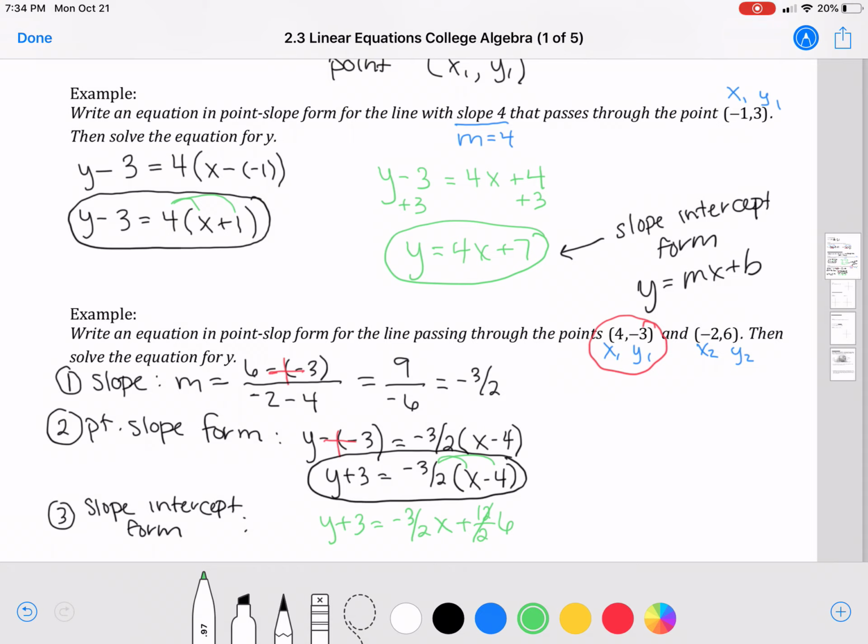Okay. And then lastly, to get y by itself, we're going to subtract 3 from both sides. So we end up getting y equals negative 3 halves x plus 6 minus 3 is 3. Okay. All right.